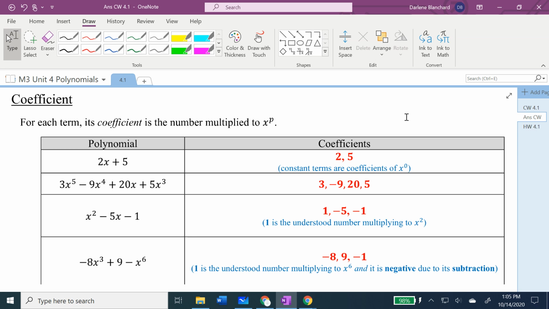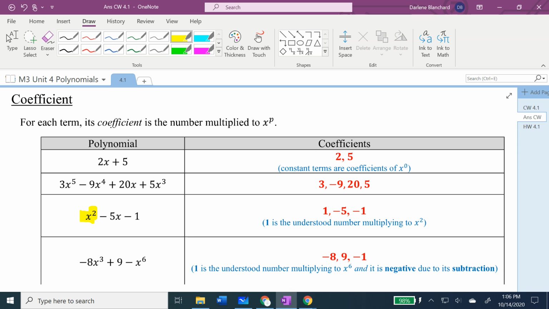Now, if you don't see a number in front, so if you're with me right now, you're looking at this x squared, we understand that that x squared is multiplied by a 1, even though we don't see the 1 being multiplied to it. So if you don't have a number in front of it, know that the coefficient is 1. So I've got coefficients 1, -5, and then also -1. For the next one, I have coefficients -8, 9, and -1.